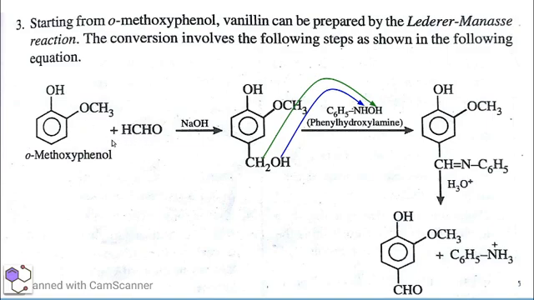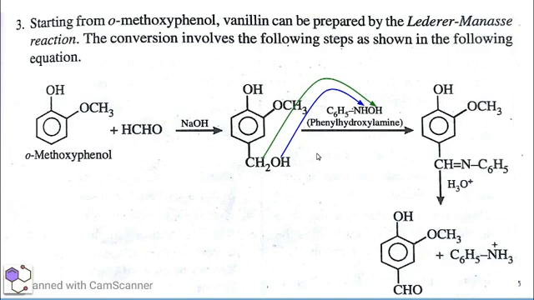It reacts with formaldehyde, HCHO, and base NaOH, and a CH2OH group, a methylol group, is introduced in the para position. From the para position we have a hydrogen atom. This hydrogen atom and HCHO combine together forming a methylol group, which gets introduced in the para position.